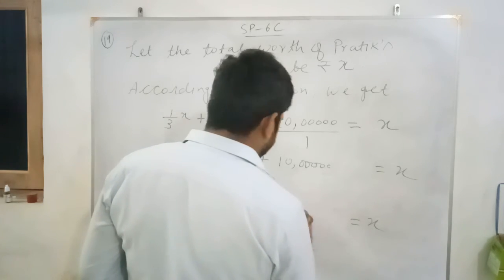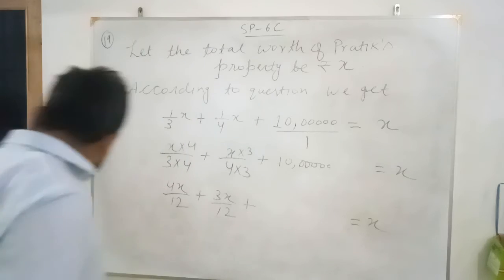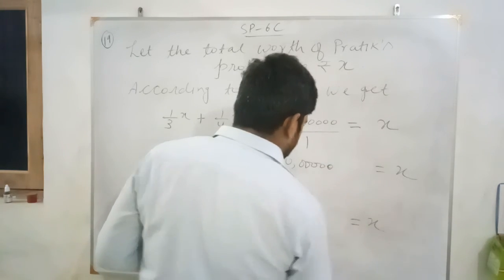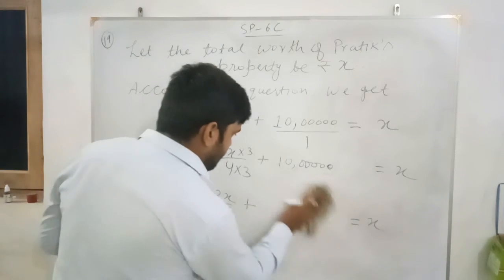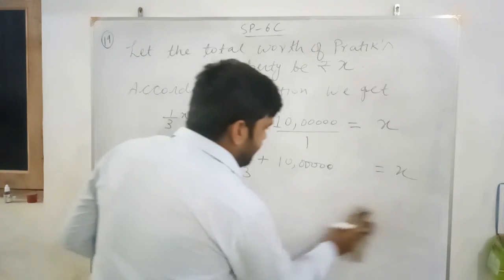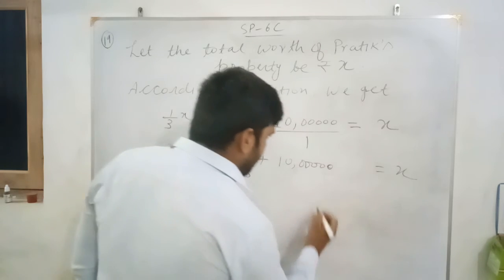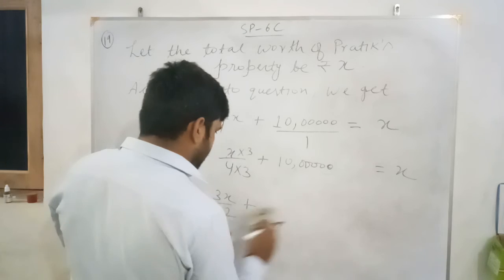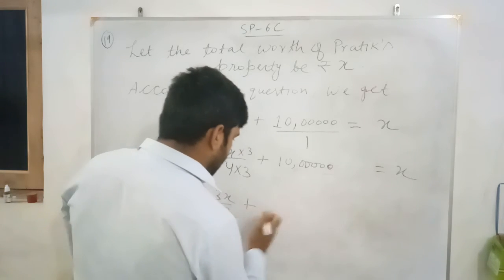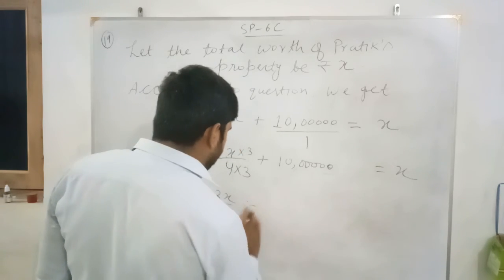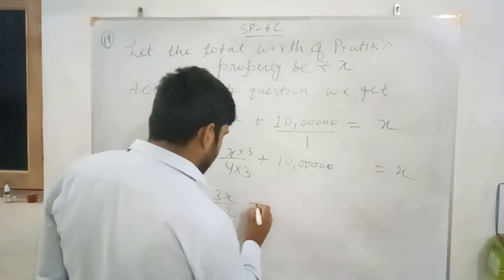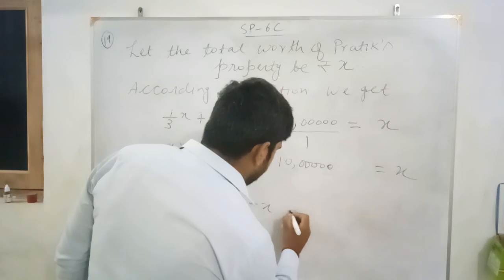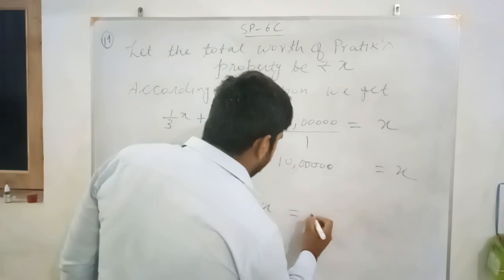Only in the next step, what do we do? We transfer this 10 lakh to the right hand side and this x to the left hand side. So plus x will become minus x, and plus 10 lakh will become minus 10 lakh.